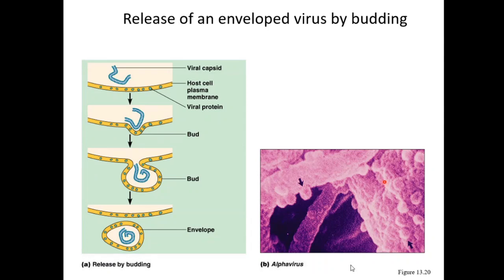How do they get outside? Once the viral capsid is ready, it will just go to the outer membrane and then bud. By budding, it will create this envelope, and this is mostly from the host membrane.